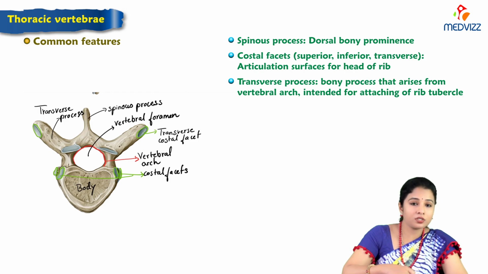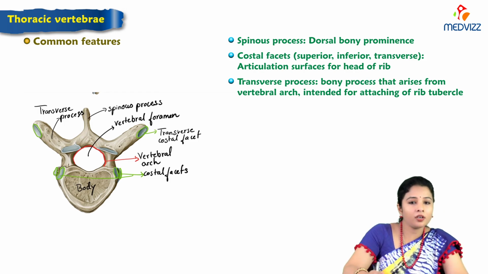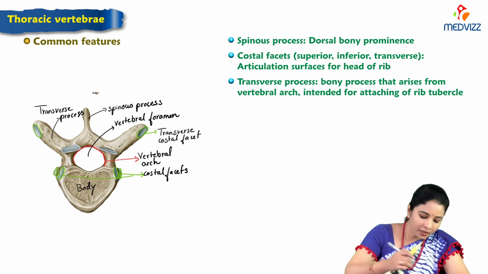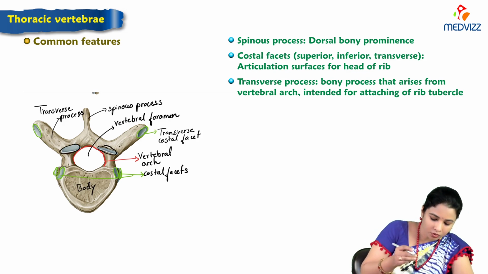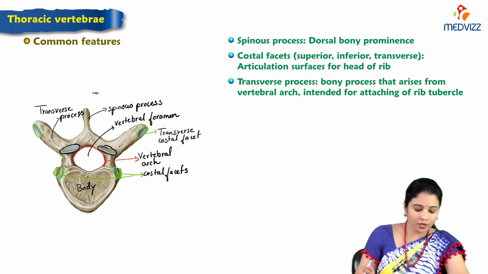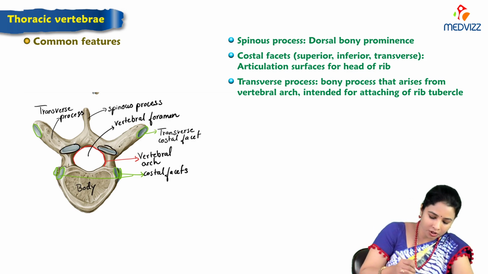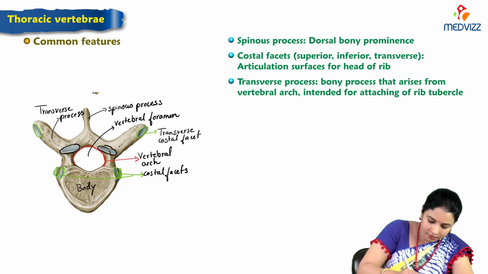So apart from the costal facets, the vertebra presents the normal facets which are the superior and inferior articular facets. Superior articular facets are here. This is the superior view of the thoracic vertebra where we can appreciate the superior articular facets.